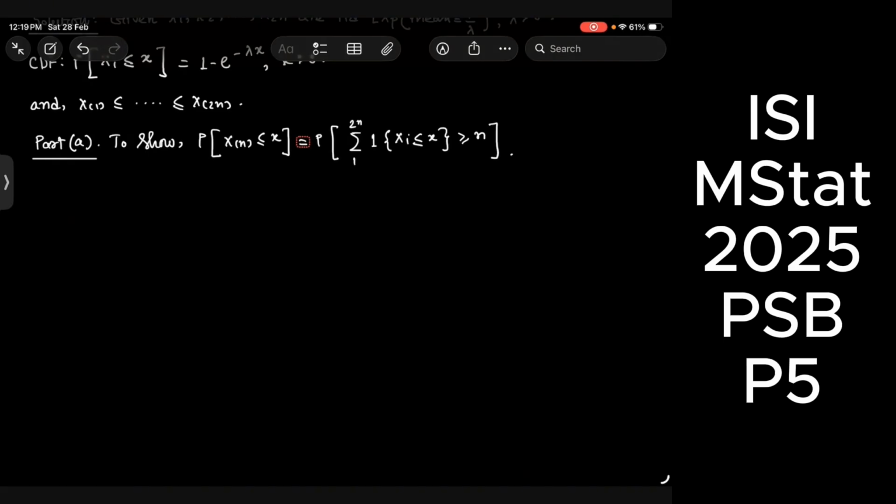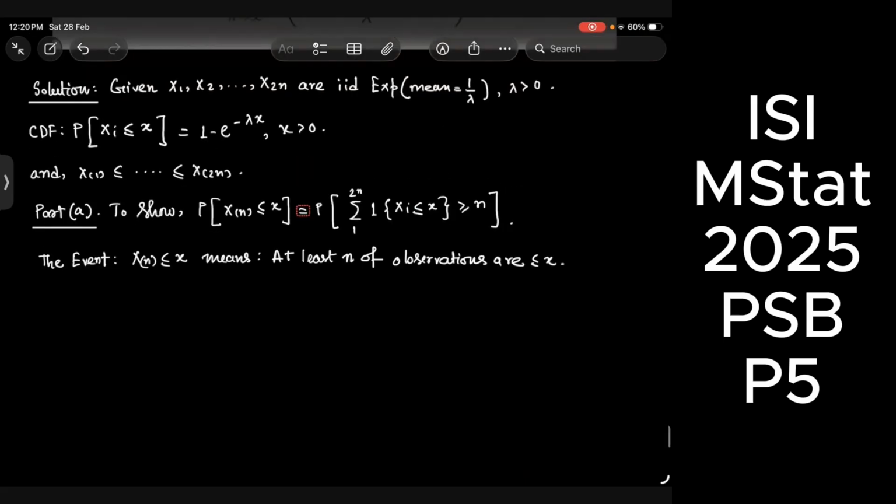The event that x order n is less than or equal to x means at least n of the observations are less than or equal to x.